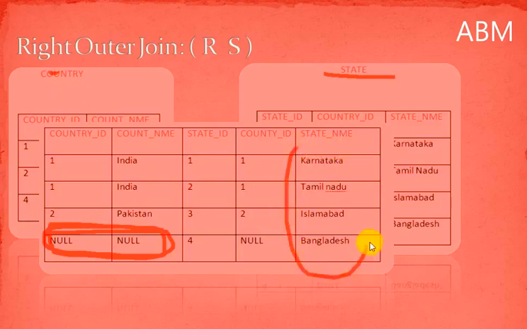But Bangladesh is listed in the second table, the right table, so Bangladesh is also listed here, but Nepal is not. In the first example, the left join, you noticed that Nepal was listed but Bangladesh was not, because this example was the left join and this is the right join.